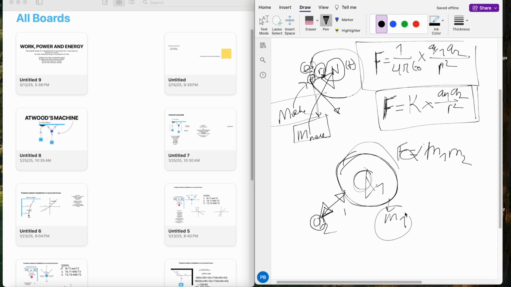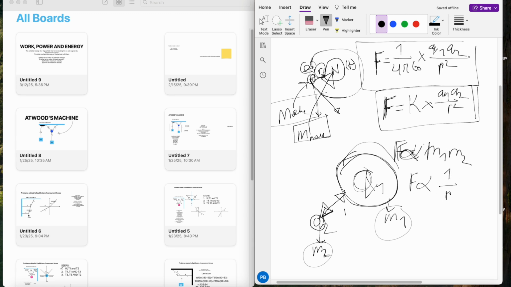Let's assume that m1 is this and m2 is for this. So F is proportional to m1 and m2, right? Now F is also inversely proportional to r, right? So the farther it goes, the more distance they have, the lesser force will be applied on the other object.